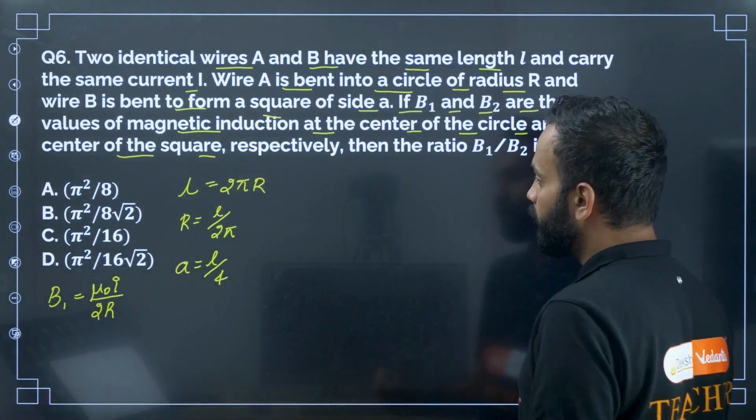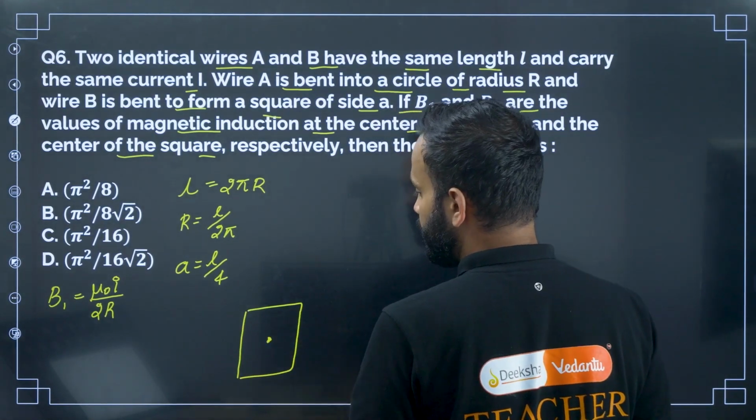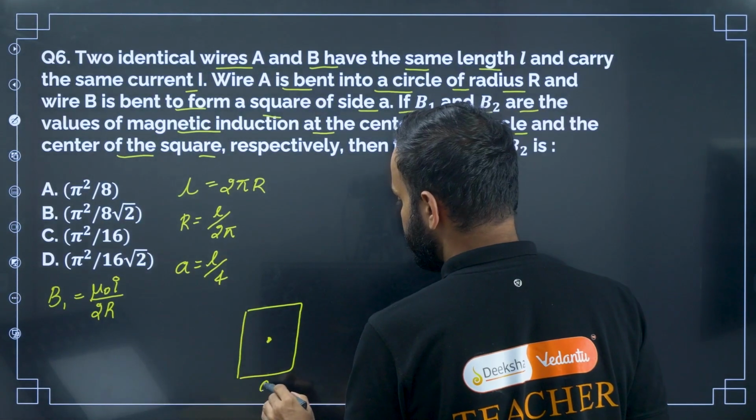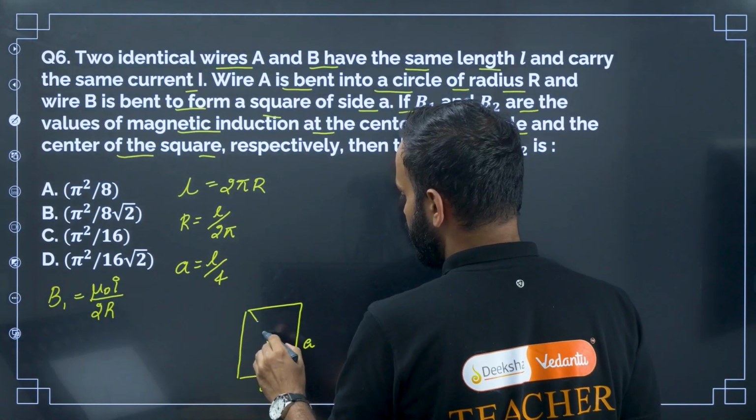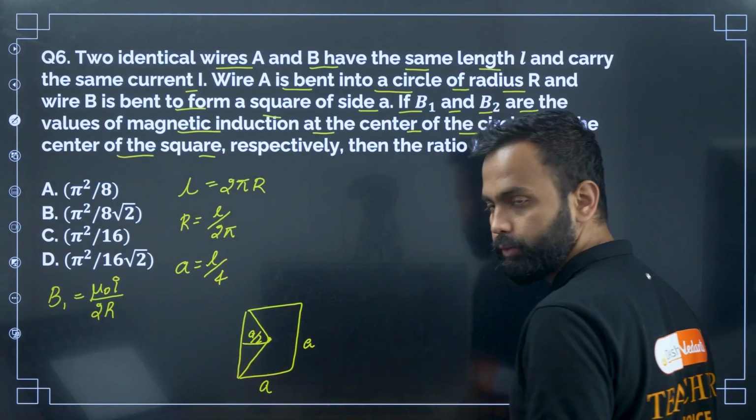Let us find B2. It is a square loop, so we need the magnetic field at the center of the square loop, where the side is A. The distance to each side is A by 2.